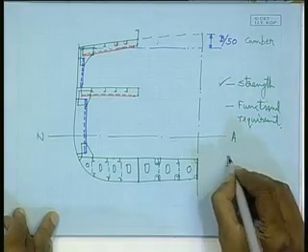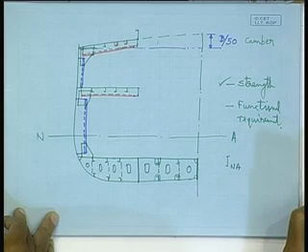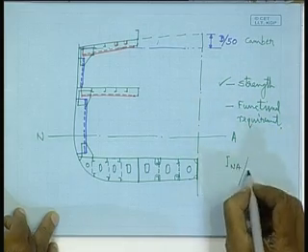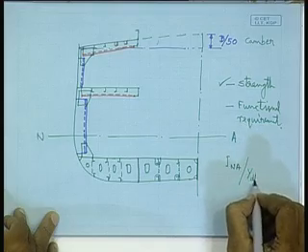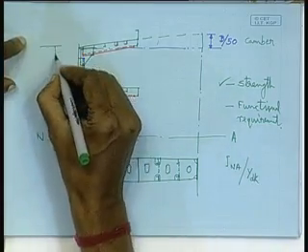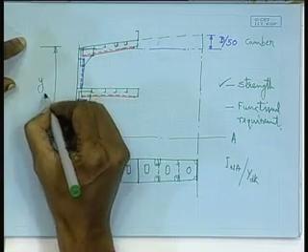So, thereby we find out the moment of inertia about the neutral axis, and then divide by y deck or y keel. Y deck is this, right, and y keel is its counterpart.